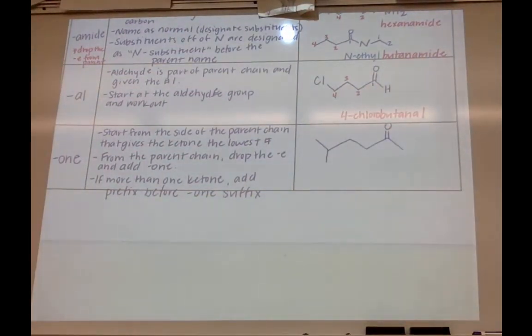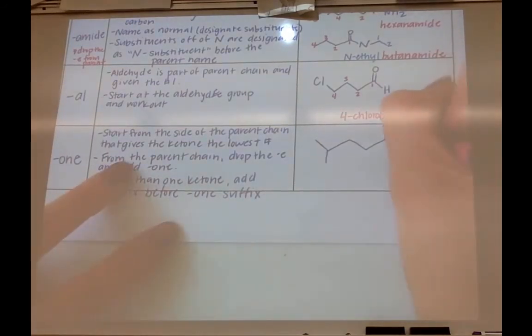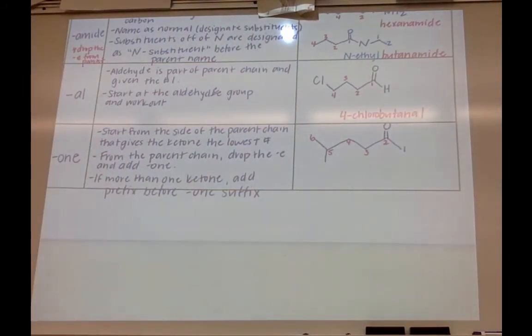Now when you start numbering, should you start numbering from the left or from the right? Start numbering from the right. That's going to give your ketone the lowest number. 1, 2, 3, 4, 5. It doesn't matter which way you go because there's only one carbon either way.